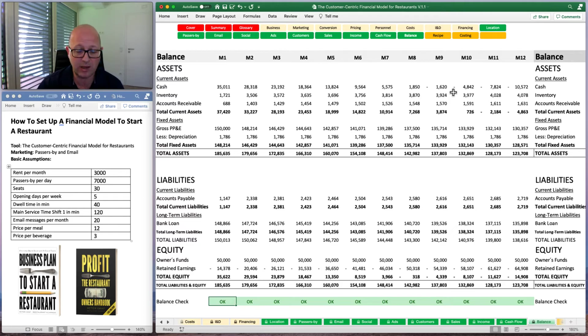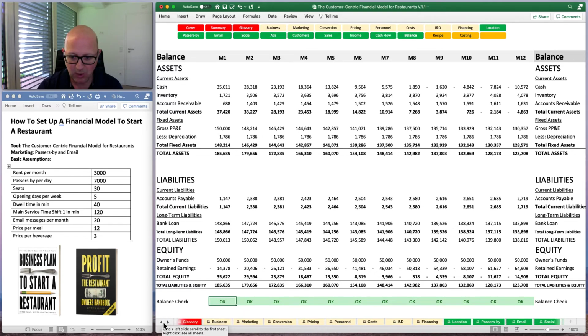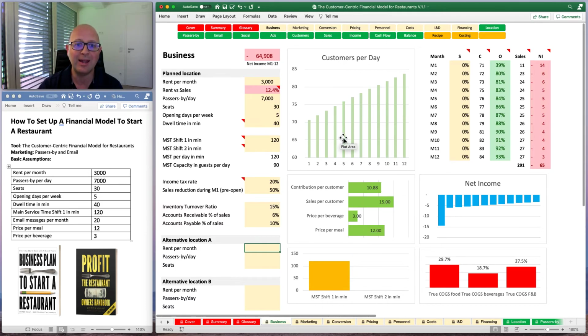Minus in reality, it's possible in the balance in theory, but in reality you can't have negative cash. Means here you are broke, so you need to do something before you are getting broke. And so we go back to our input sheet. That's the way how you set it up at the beginning, and then you start to work with the model, and you start to try different things.